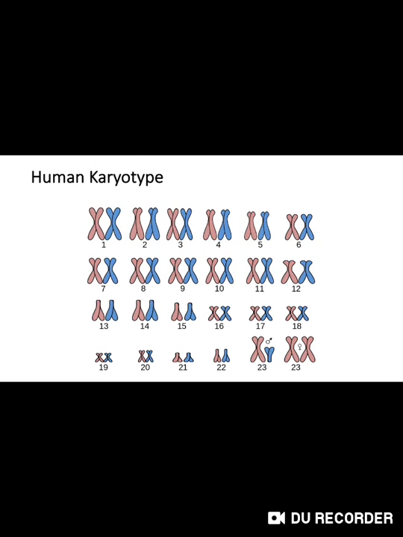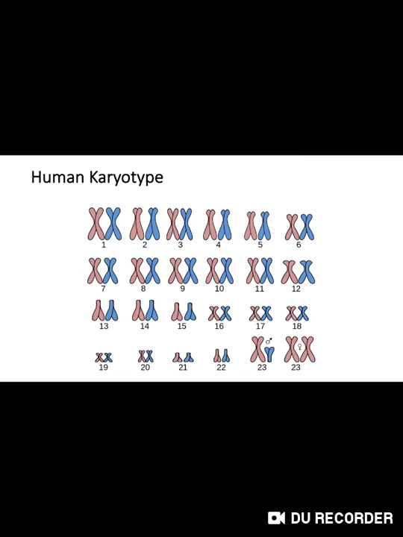This is our human karyotype. And in chromosome 23, you can see there are two number 23s. This is because we have a human karyotype of female and male humans. We are different because of our sex chromosomes: for males, it is an X chromosome and a Y chromosome.